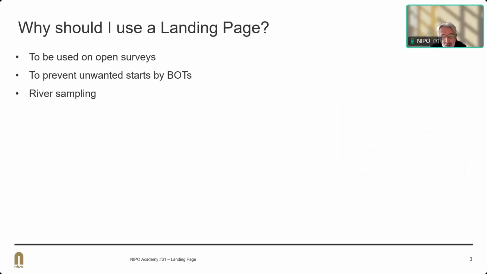The vast majority of the costs that we need to make to run a survey is made the moment we start that survey. So that makes it financially very important that we prevent unnecessary starts of that survey, and we certainly cannot have surveys that do thousands or even hundreds of starts for one successful interview.